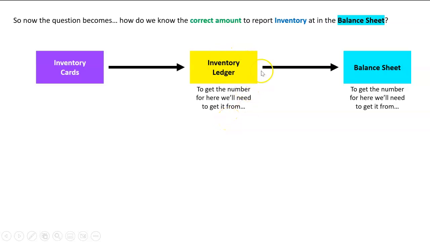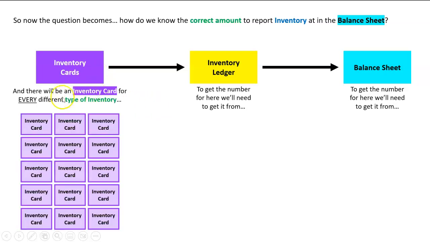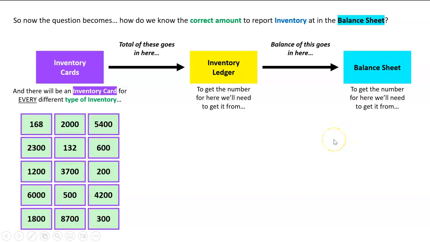To get the number in the inventory ledger, we'll need to get the inventory cards. Just remember, there will be an inventory card for every different type of inventory a business has. These could be all the different models of inventory that a business has. If we total all those up, that will equal what's in the inventory ledger. And then we just put that total in the balance sheet. And that's how we'll report inventory in the balance sheet.